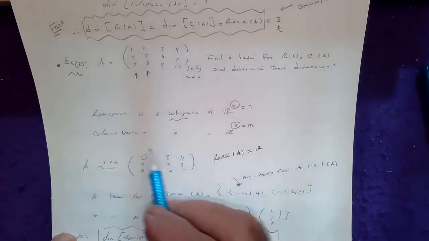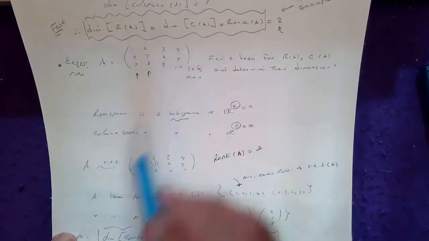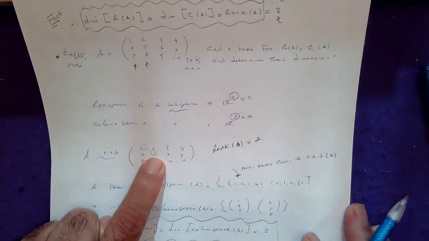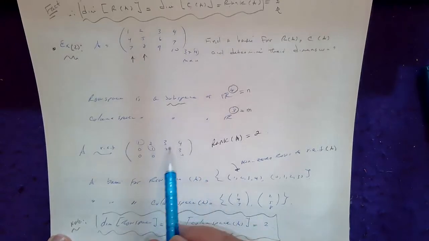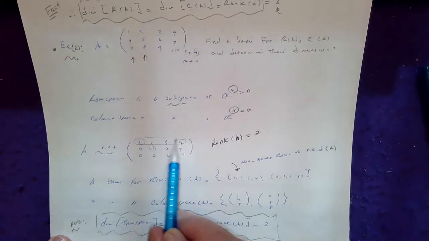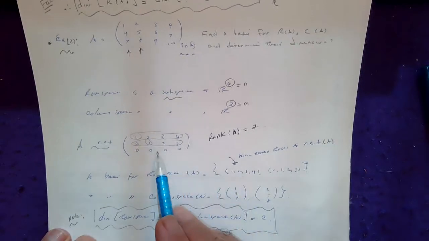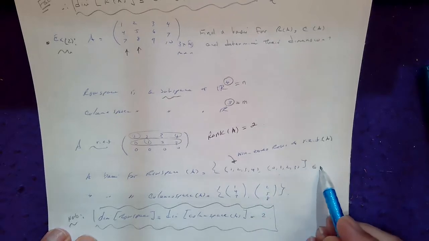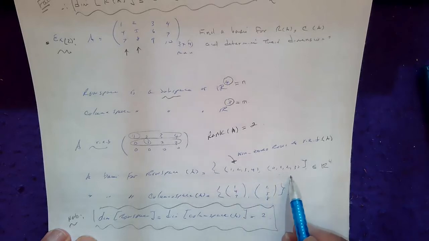Remember, 4 is your n. Column space is a subspace of R3, which is Rm. m is 3. Put the matrix in row echelon form, and you get this. The vectors in a basis for row space are the non-zero rows in the row echelon form. So list the first 2 rows of the row echelon form of matrix A. Remember this is a subspace of R4. That's why you have 2 4-dimensional vectors in the basis of row space.